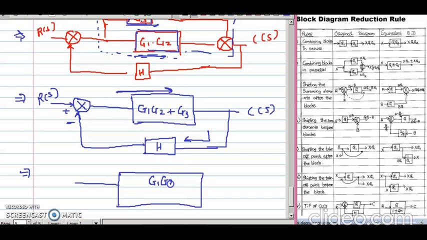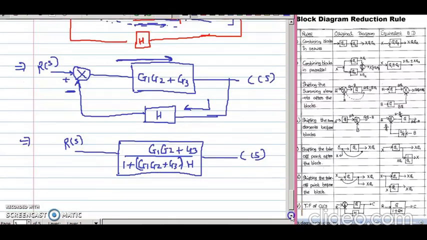G1 G2 plus G3 is the forward path, divided by 1 plus. Why are we taking plus here? Because this is the minus, right? So plus forward path, G1 G2 plus G3, into the feedback path. What is the feedback path? H. Okay, and this is C of S, this is R of S.